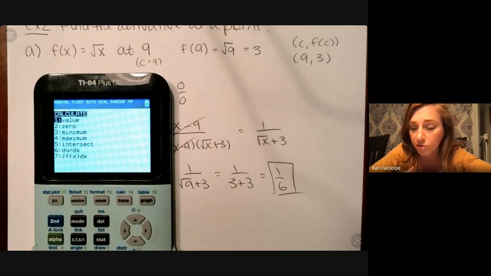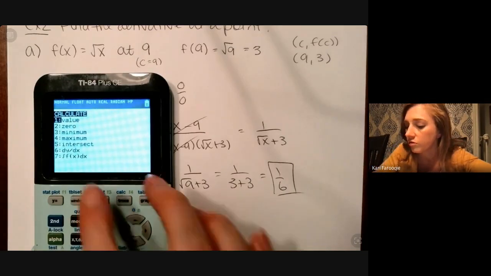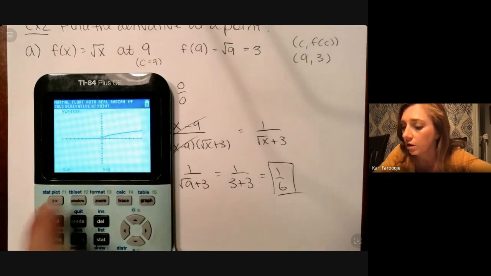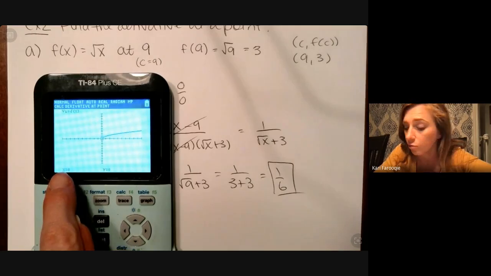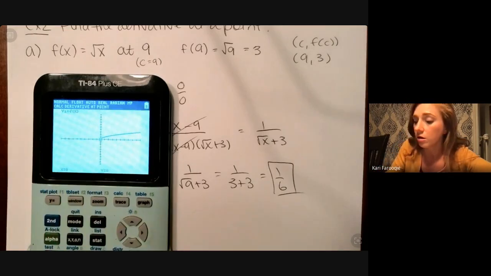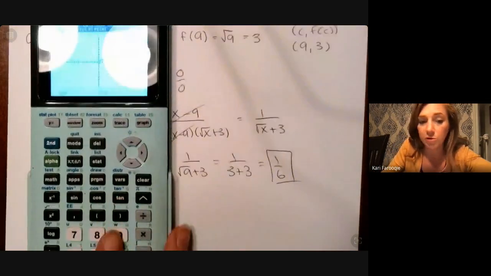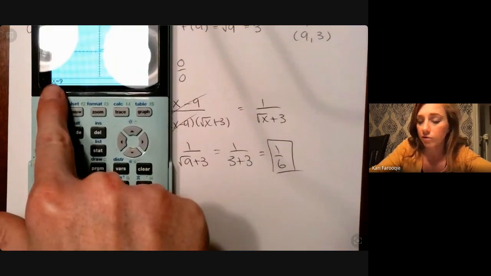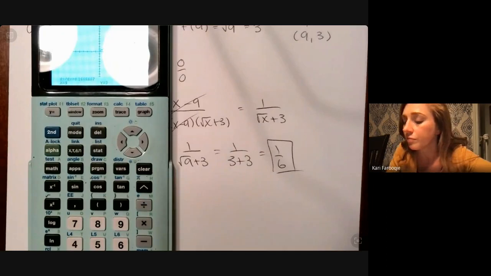We're going to talk about this notation next week, but the dy/dx denotes a derivative. That's number 6, and you can input a value of x. So we're looking for the derivative at 9. All you have to do is type 9, and it will show up in the box down here for x. Then hit enter.